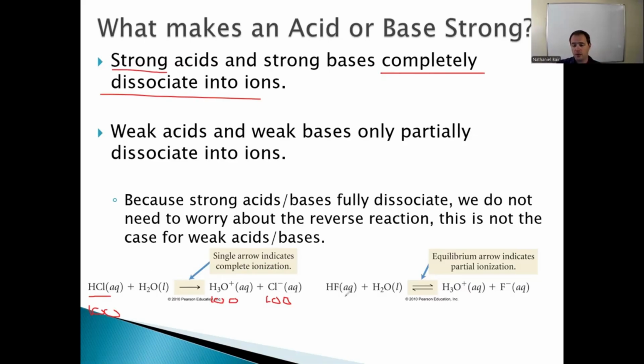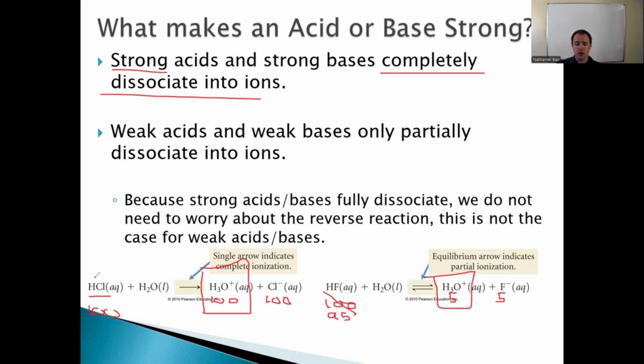A weak acid, notice since this is weak, I'm using an equilibrium arrow because it's not going to completely dissociate. A weak acid, if I put 100 molecules of HF in water, they do not all dissociate. Maybe only 5 of them dissociate. 95 of them stay together, which means I only get 5 hydroniums and 5 F minuses. Well, HCl, since it fully dissociated, made way more H plus ions than HF, which only partially dissociated, right?